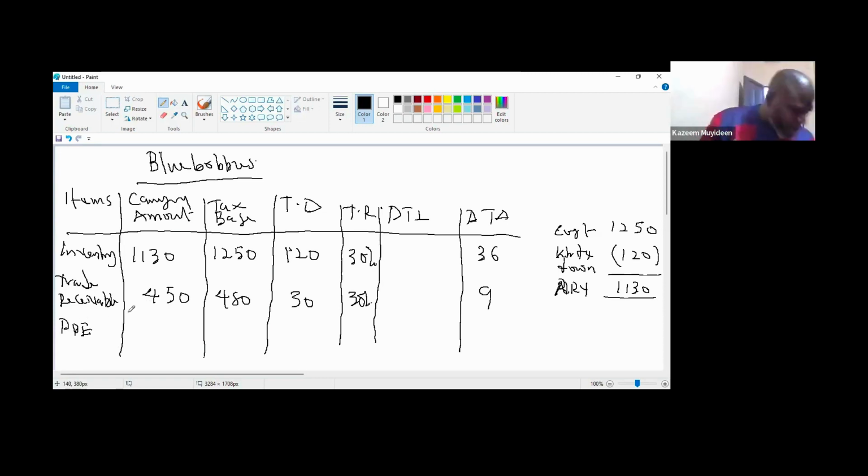We have gotten the tax base to be 2750. What is the carrying amount now? Who can tell us what is the carrying amount?